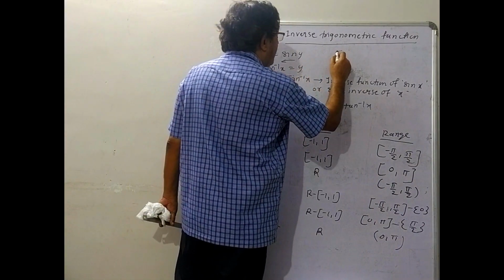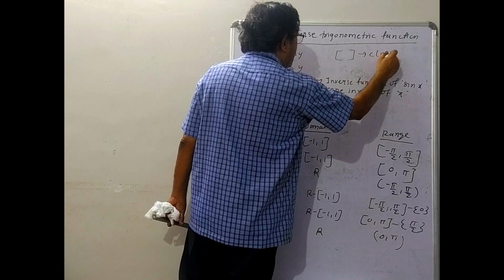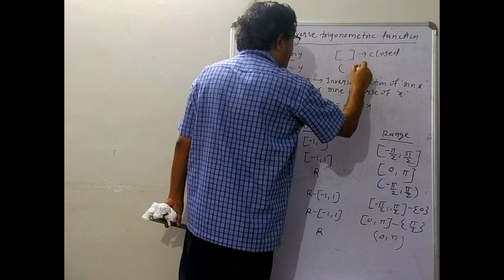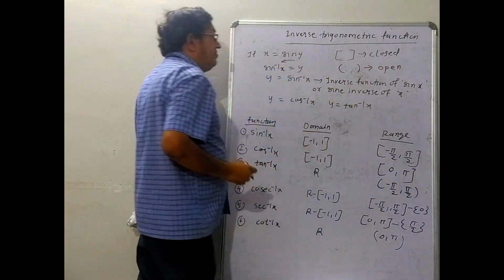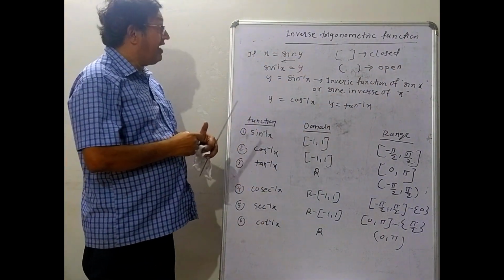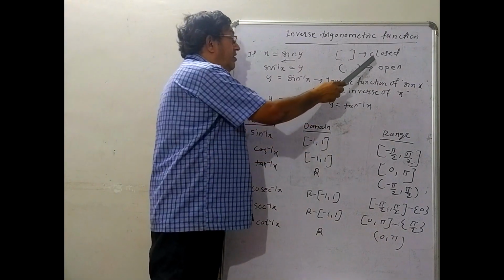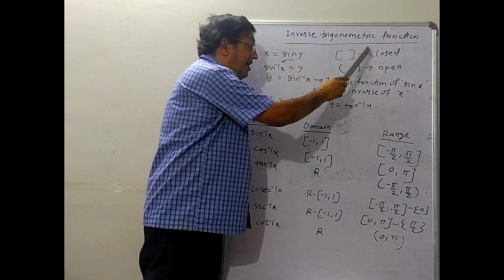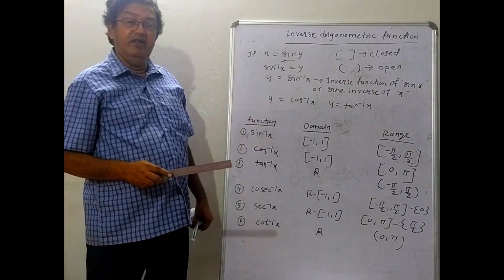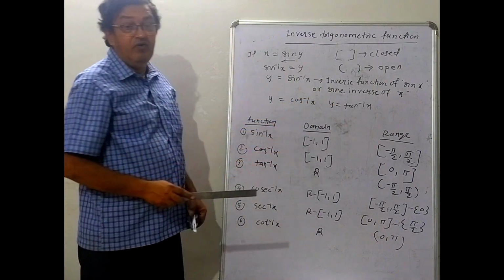If you put a square bracket, it is a closed interval, and if you put a round bracket, it is called an open interval. In a closed interval, end points will be included, and in an open interval, end points will not be included.